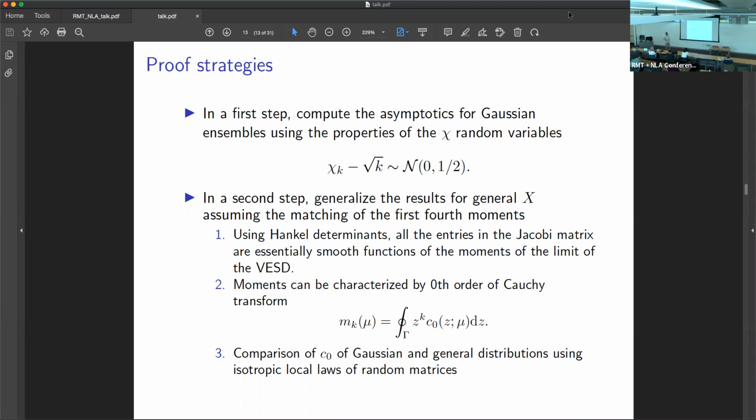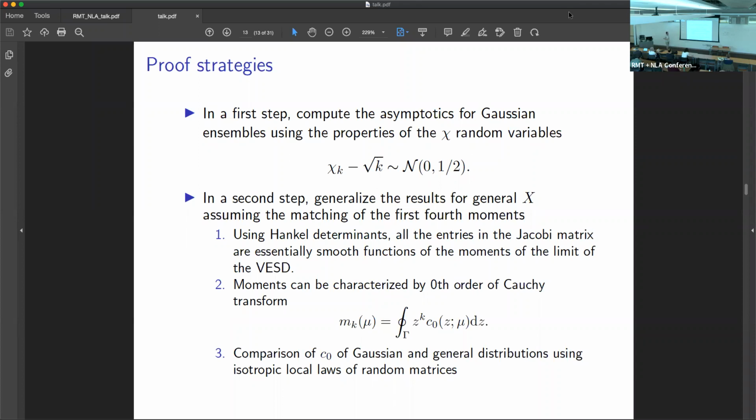In the second step, they apply this comparison strategy to generalize from the Gaussian to any general distribution, assuming the first four moments match. So why can you do this? The reason is that essentially all the entries in the Jacobi matrix are smooth functions of the moments of the VESD, using the Hankel determinants, the standard definition.